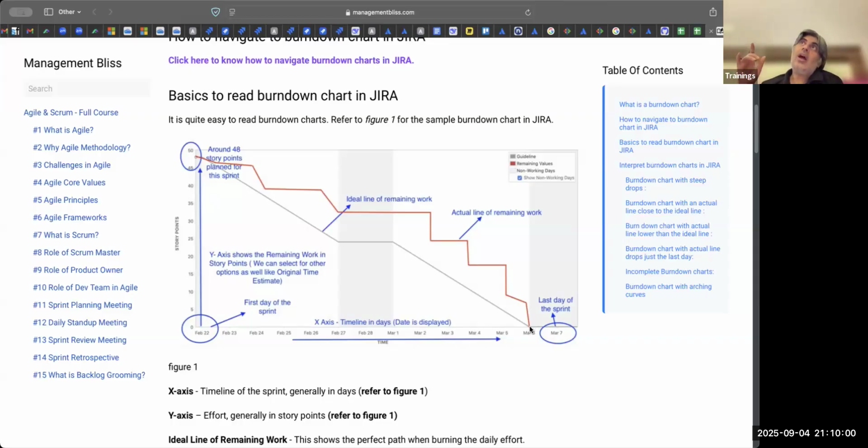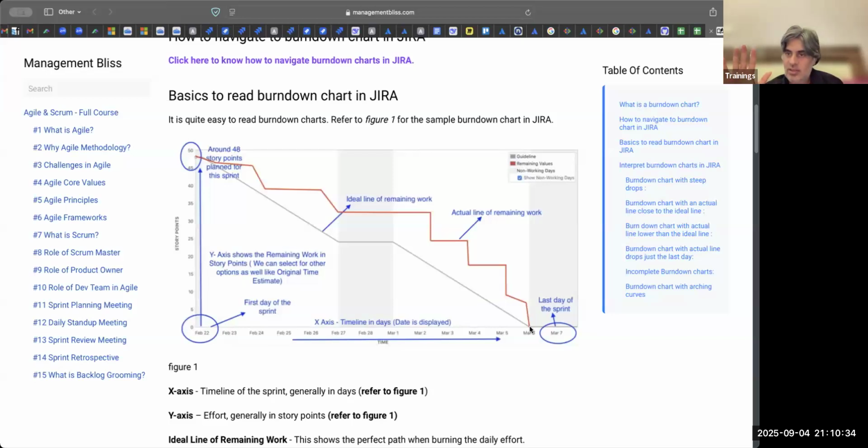In Agile, if my team has done 30 points of work, we say my team has burned 30 points of work. Doing work, they call it burning work. Just a fancy name for doing work.